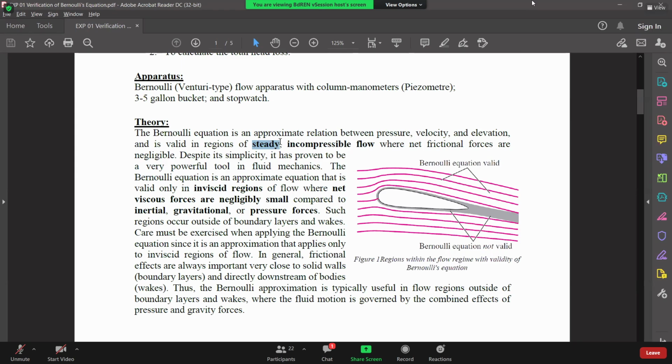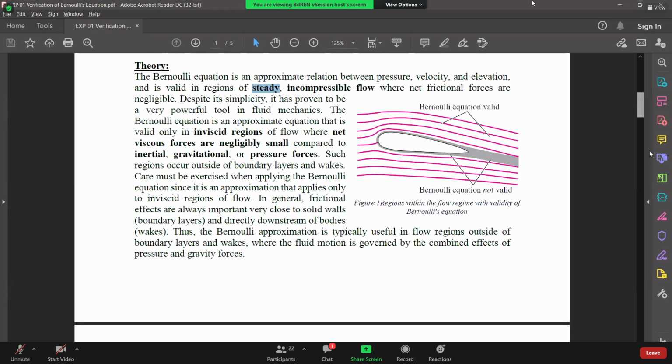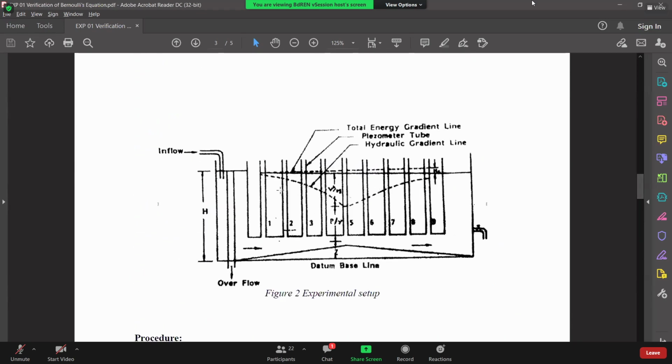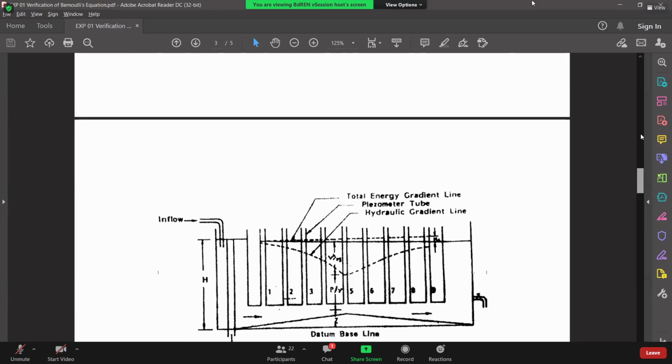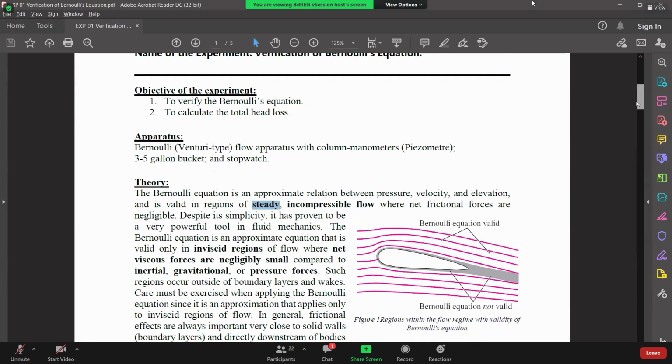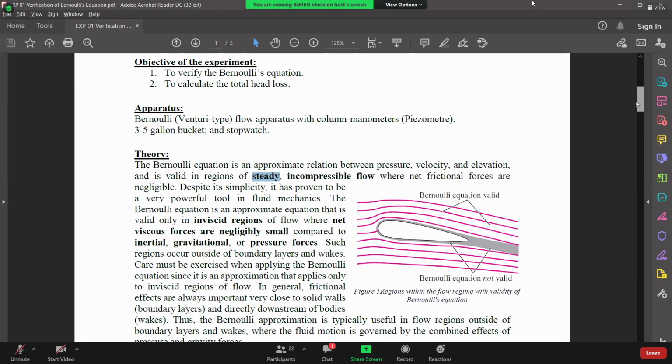If there were some changing of flow rates or changing of velocity, changing of head, it gives rise to some error. While you will be doing the experiment, you will see the piezometer head increasing and decreasing. It's not constant, it's oscillating. So that is not steady. That is a source of error in the experiment. You can write that in the discussion part.